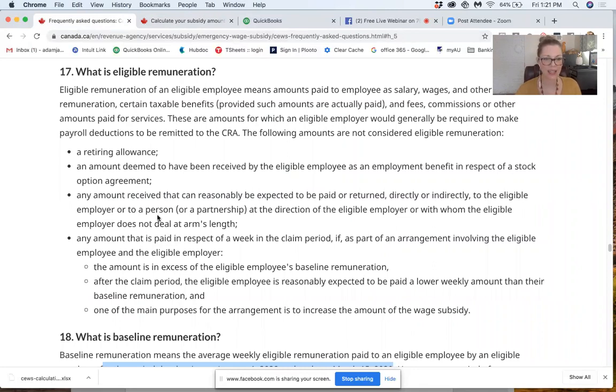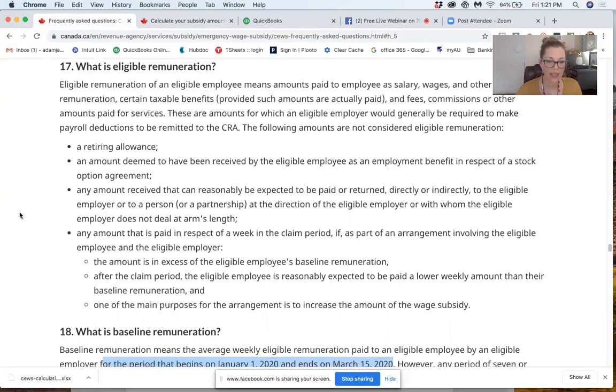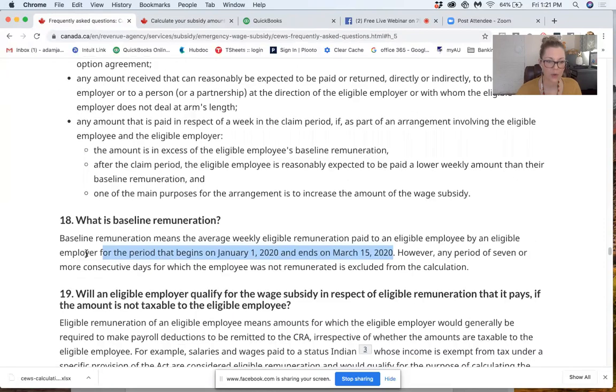So you need to have two different figures when you're filling this in. You need the info, such as the employee's name, and then whether they're arm's length or not. If you don't know what arm's length means, then watch part 1, because I discuss it in part 1. And then you need to know what is their baseline remuneration, and then what is their current earnings.